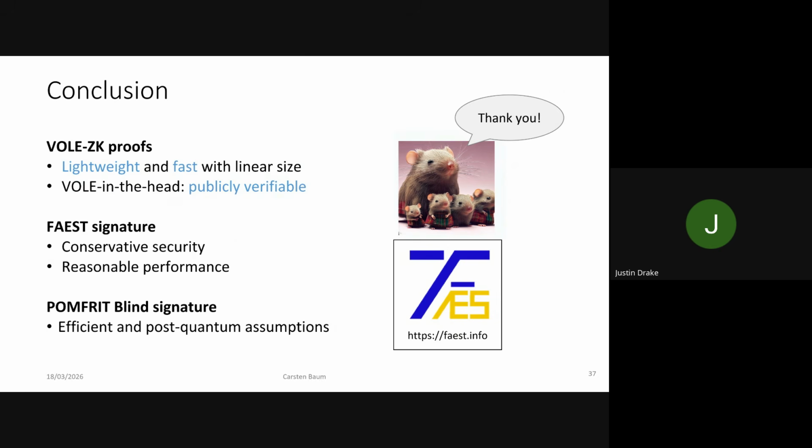So this research into VOLE-in-the-head with larger field sizes, maybe 31 bits, and using Poseidon is something that we would potentially find very interesting, as an alternative to SPHINCS, with slightly smaller signatures.